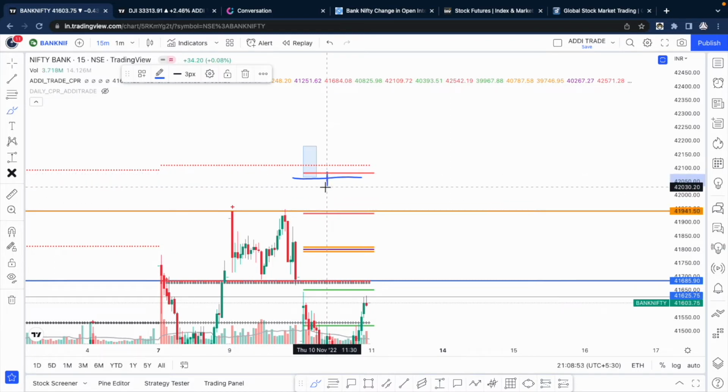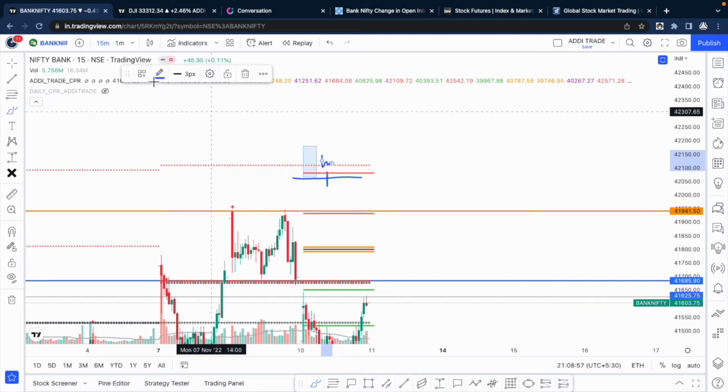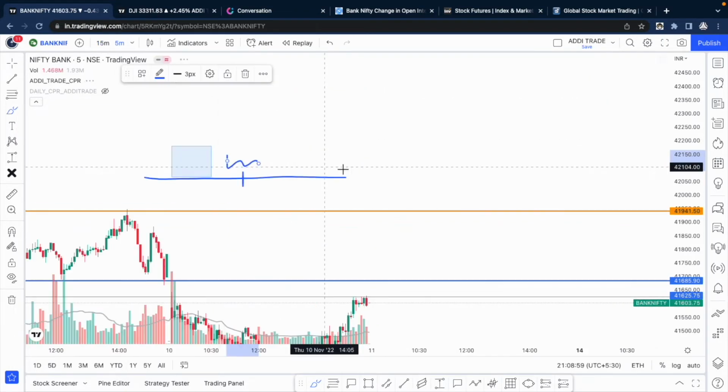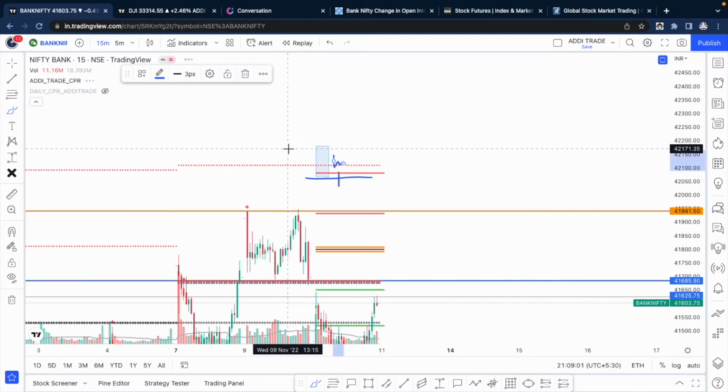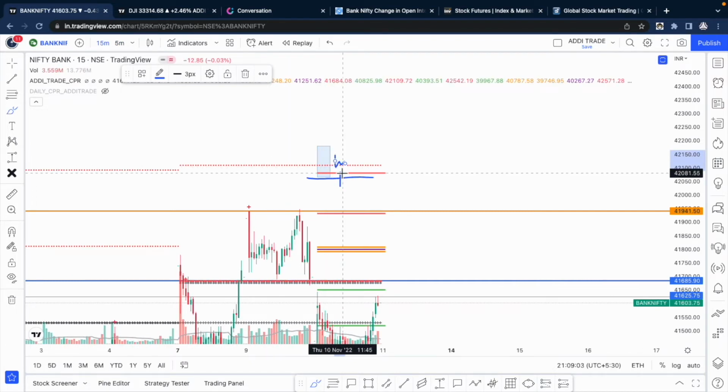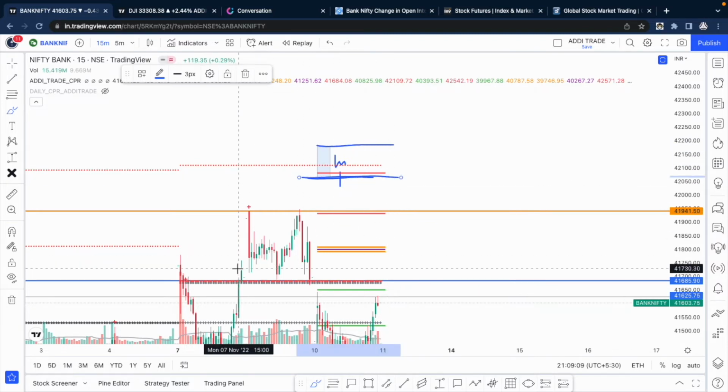So if we are within this level, either the first 15-minute candle or the 5-minute candle, it's always better if we keep the 15-minute candle, and watch whether that low breaks. Otherwise, most of the time we will end up being within the 15-minute range, like this day. See, the first was a red candle, but the entire day we were within this 15-minute range.